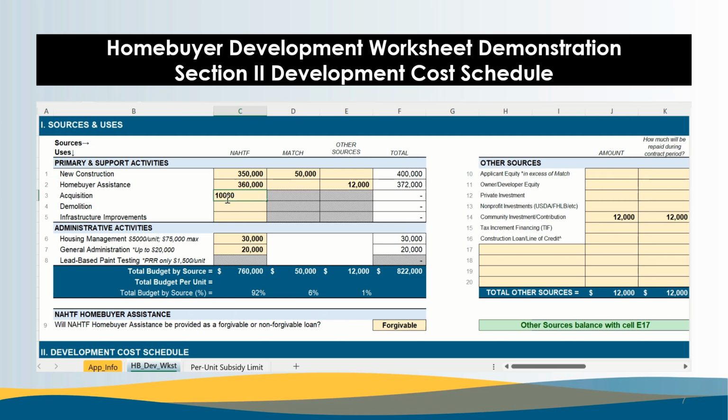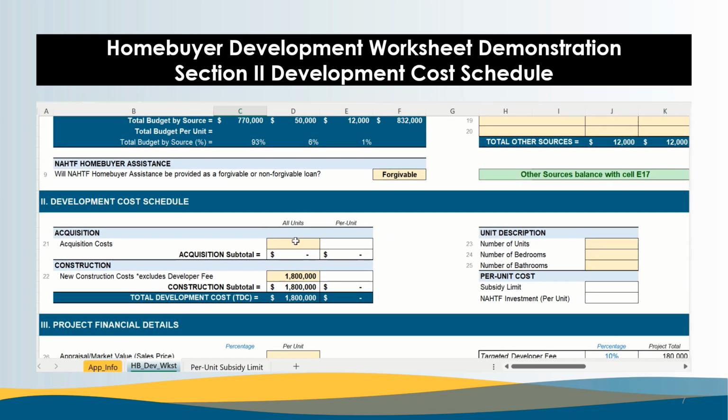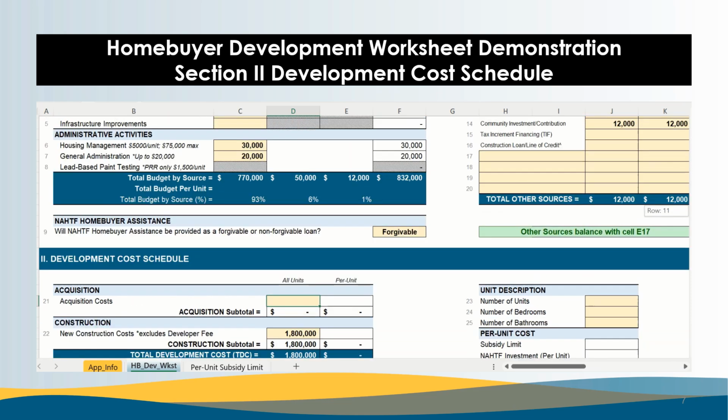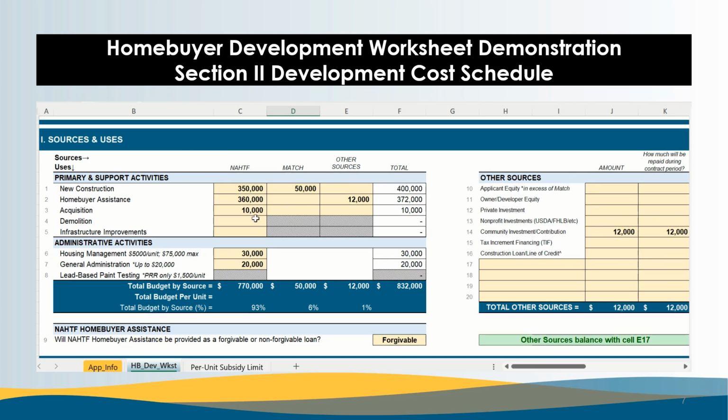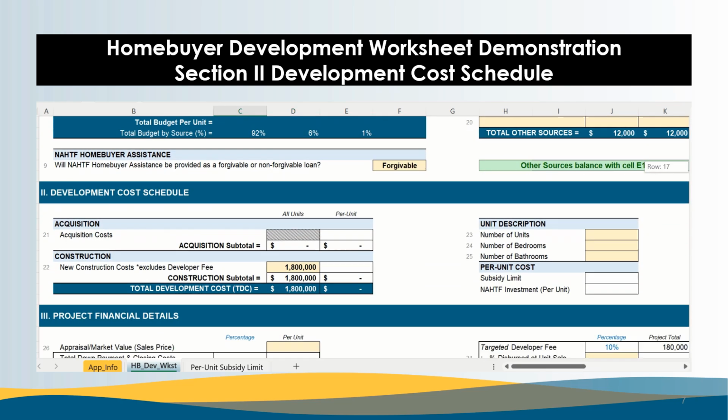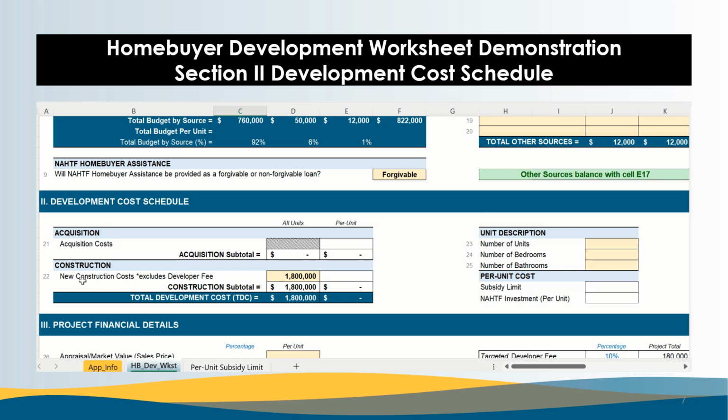If we put $10,000 in there, it opens up that field here for you to put $10,000 in. And this is across all units. But as we had discussed earlier in this presentation, there are no acquisition costs being asked for. So that is not being taken into account as a factor in this development cost schedule.